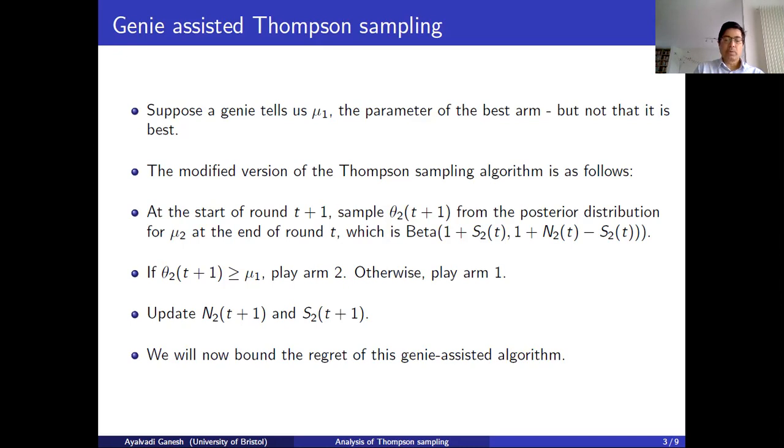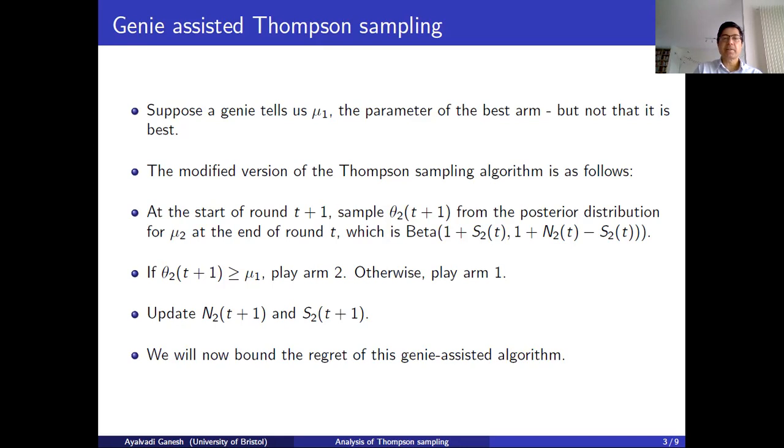Because do we do worse with the help of the genie than without it? No, because we could always ignore whatever the genie told us and use Thompson sampling instead. Well, that's not entirely true. I haven't proved that this modified algorithm does better than Thompson sampling.